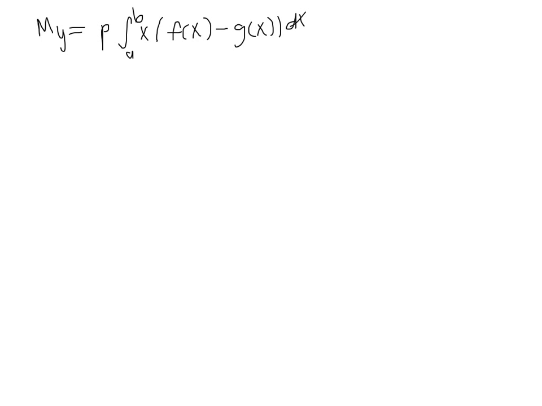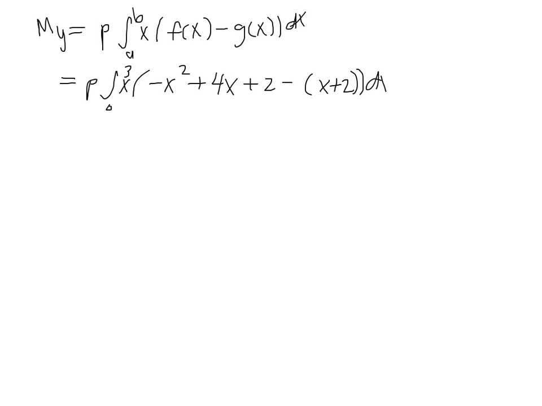So in our particular case, we have rho times the integral from 0 to 3 of x times the quantity negative x squared plus 4x plus 2 minus the quantity x plus 2 dx, which simplifies to rho times the integral from 0 to 3 of negative x cubed plus 3x squared dx.